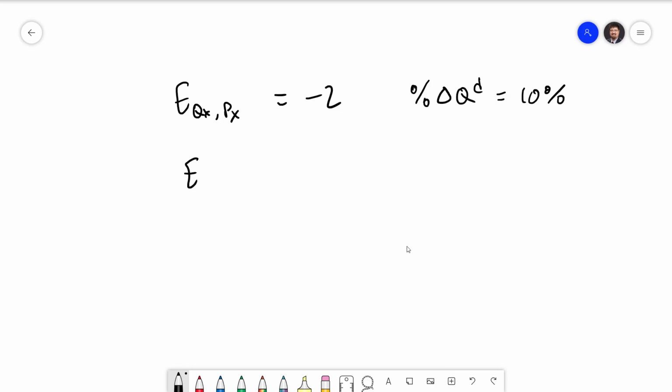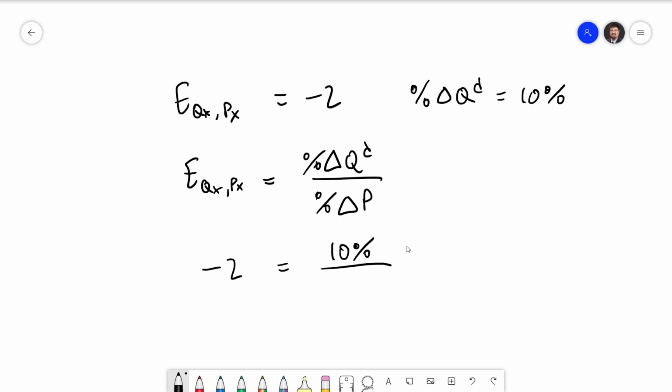Remember that we have price elasticity of demand equals the percent change in the quantity demanded divided by the percent change in the price. So to do that, we can plug in -2 and we can plug in 10% and use that to back out what the percent change in price would have to be. Since there are 3 things in this equation, and if we know 2 of them, we can always figure out the one that's remaining.